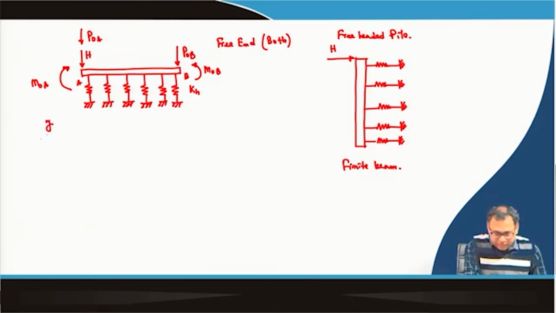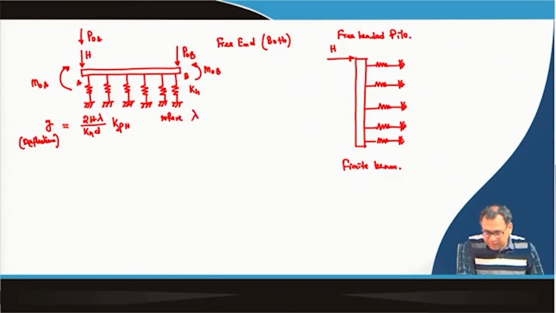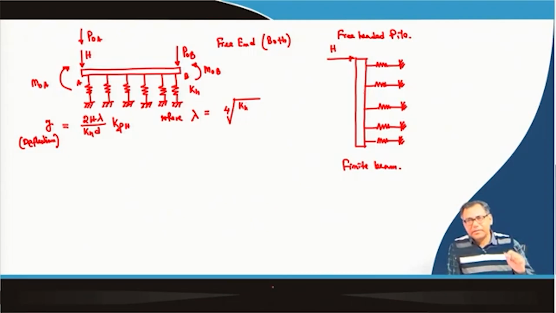The deflection y at any point within the beam will be 2 H lambda divided by kh d into k rho h, where lambda is the 4th root of kh divided by 4 E I, as in the beam case.